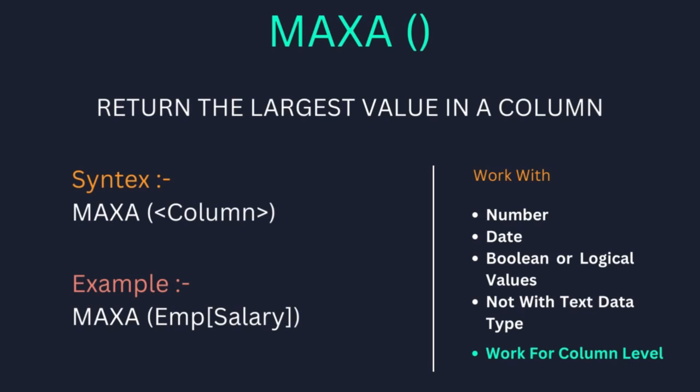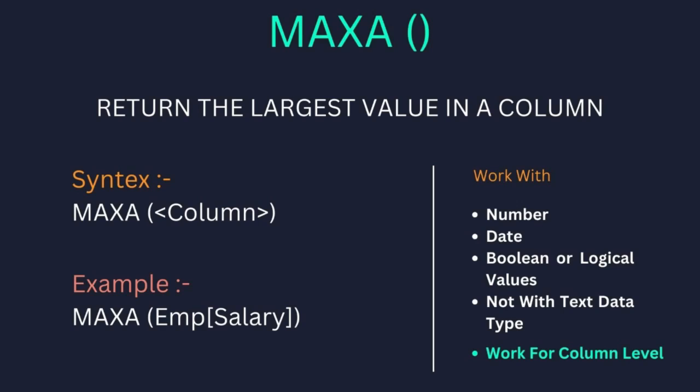And the MAXA DAX function works with number, date and Boolean data types, but it is not going to work with the text data type. On the other hand, the MAXA DAX function also works at the columnar level like the MAX DAX function. So this is about the MAXA DAX function.